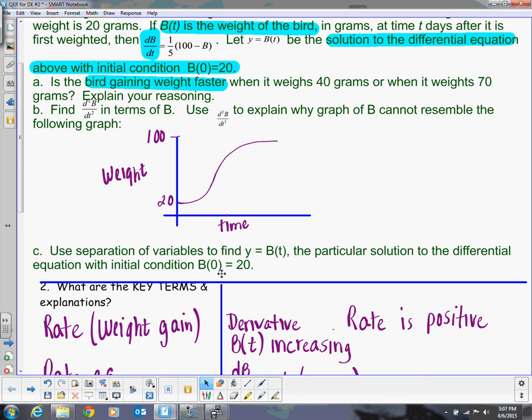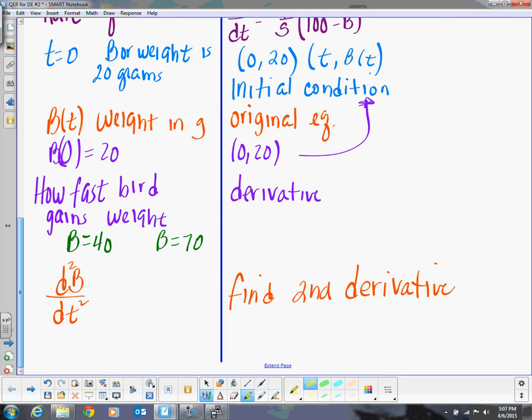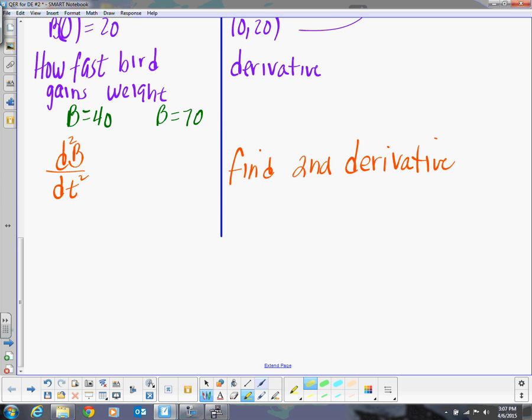Now there's another key piece here which is easy to miss. It says in terms of B. Okay, what does in terms of B mean?